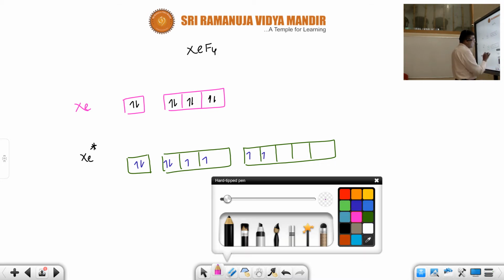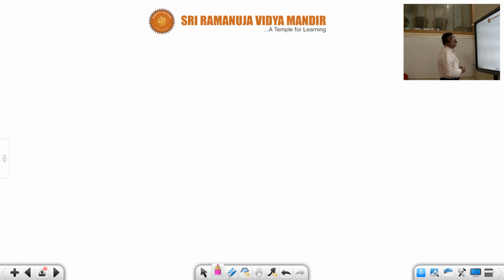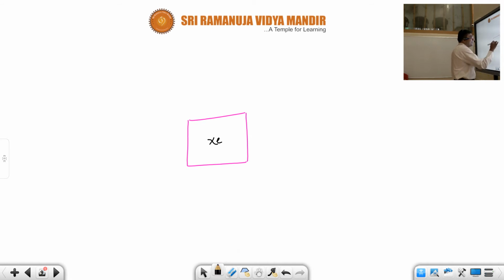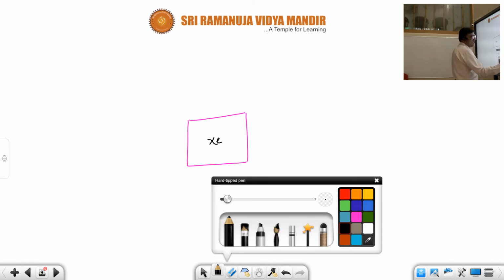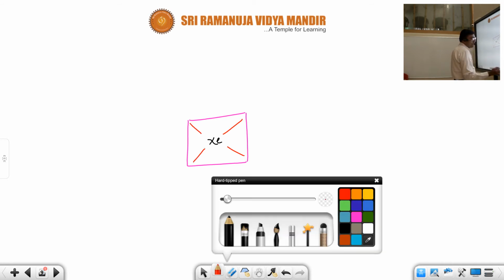Now students, have a look here. This hybridization is called sp3d2 hybridization. Well, now let us draw the structure of sp3d2 hybridization. This is xenon, and here you got how many lone pairs, students?